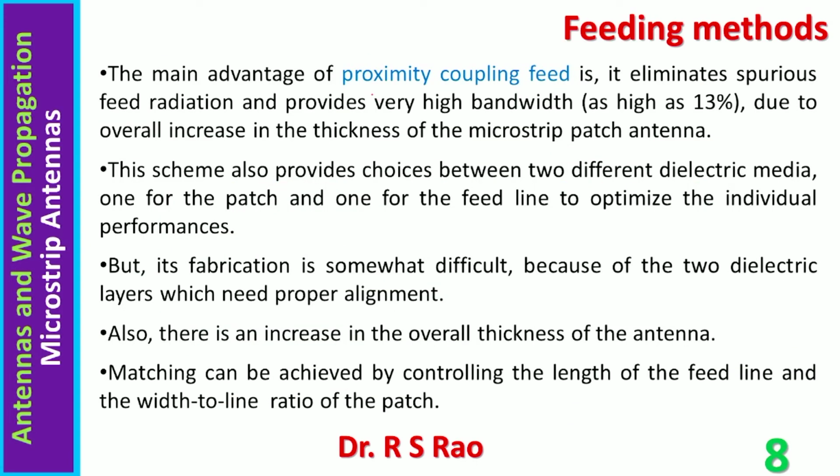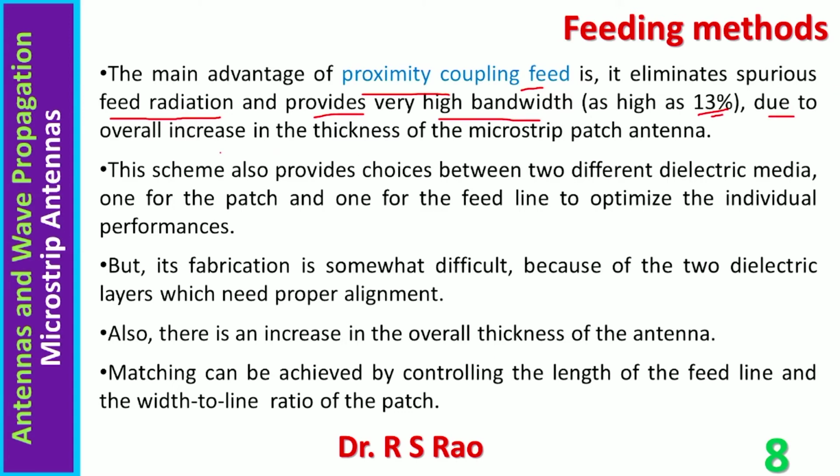The main advantage of proximity coupling feed is it eliminates spurious feed radiation and provides a very high bandwidth, as high as 13%. 13% bandwidth at microwave frequencies is a considerable amount. This is an appreciable aspect pertaining to proximity coupling feed.